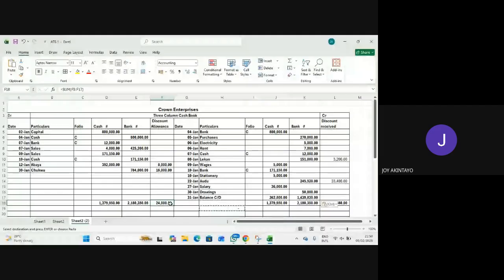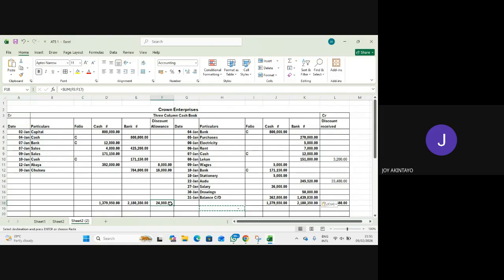We put it to reduce our trade receivables, yes, for discount allowed. Are we together?